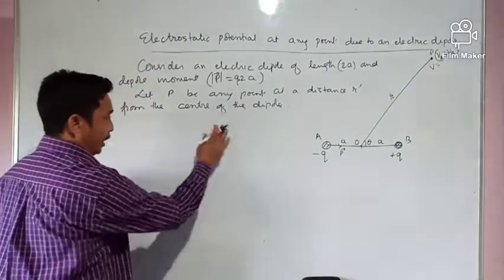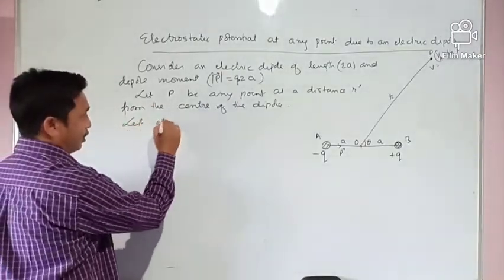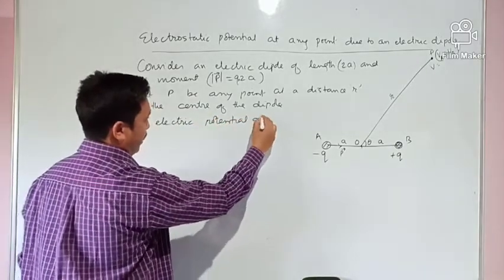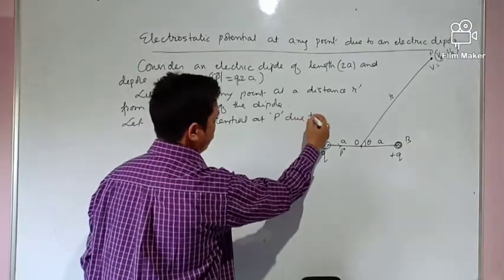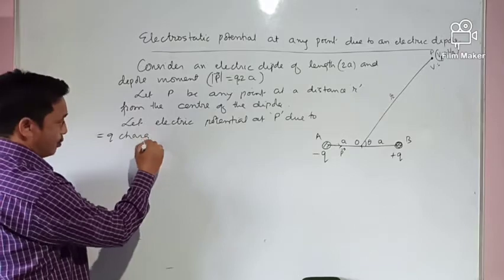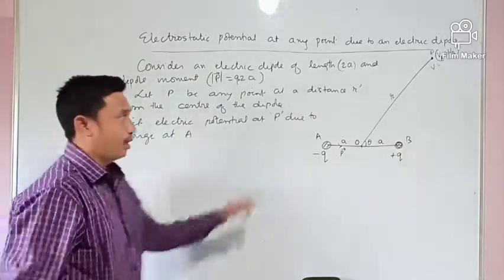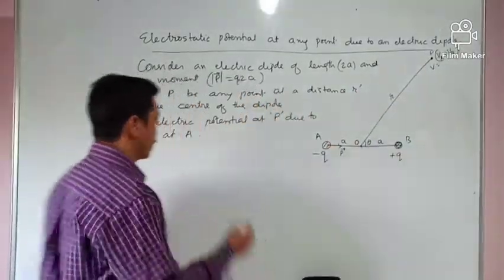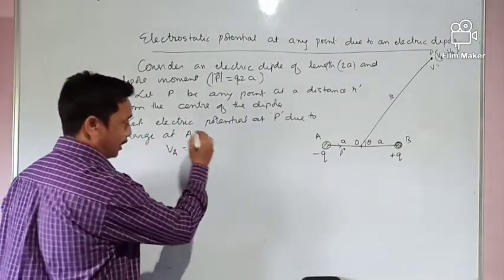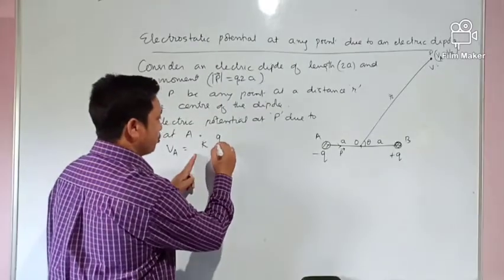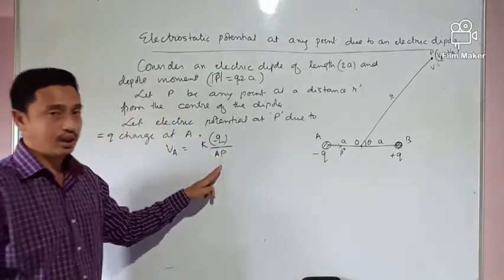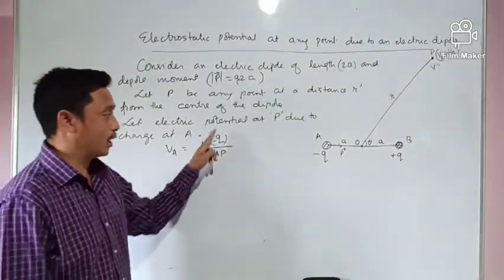Now, electric potential at P due to minus q charge at A, I will term this as VA, is equal to K, the constant, times minus q divided by AP, the distance. The formula for potential is KQ by r.